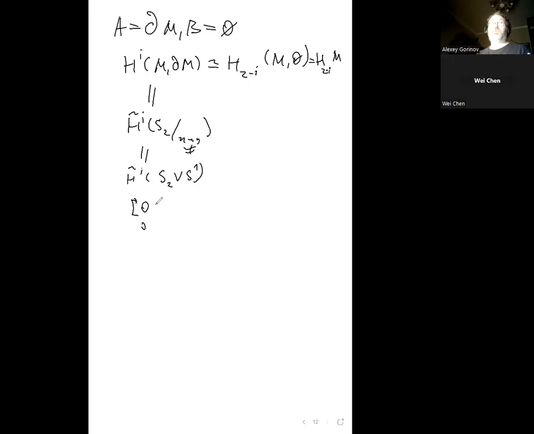What's the first reduced homology of S2 wedge S1? Yes, it's z to the 4 plus z, which is the same as z5, and then we have z in degree 2.